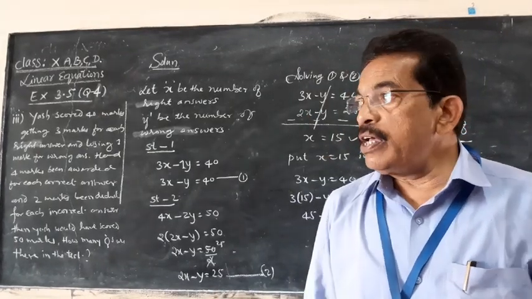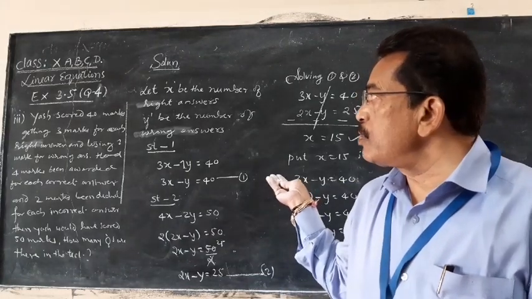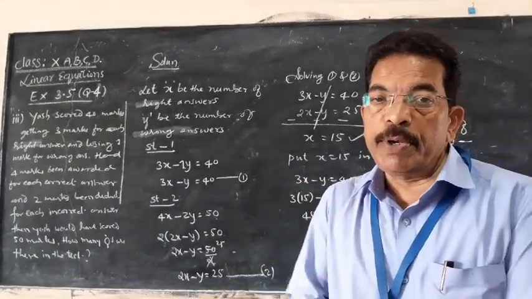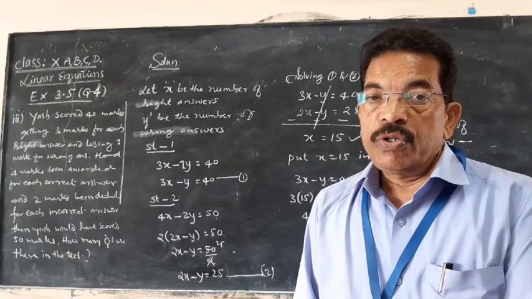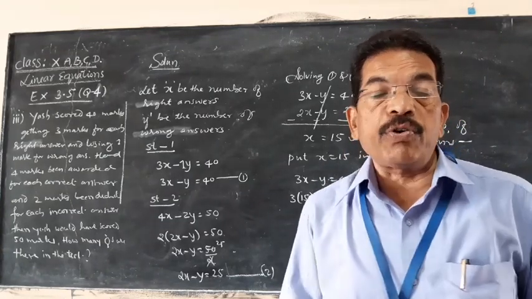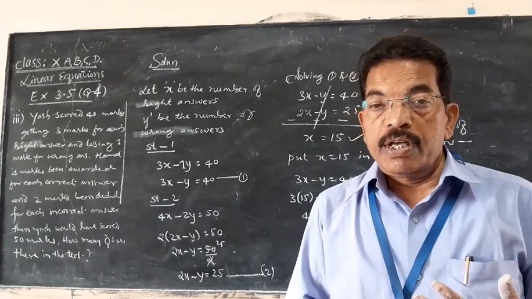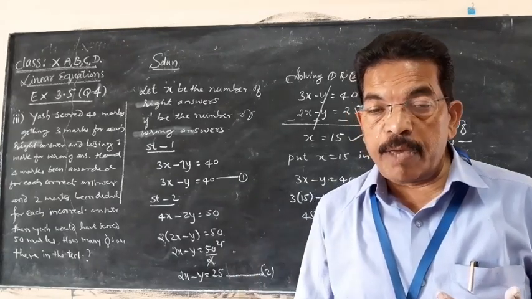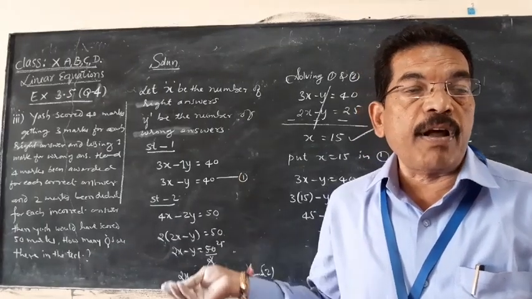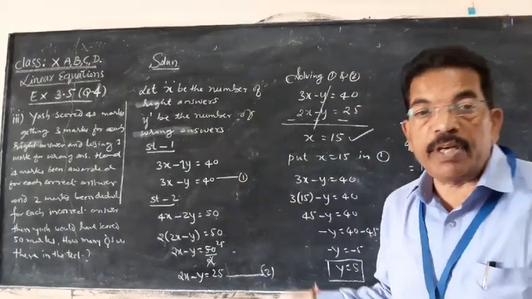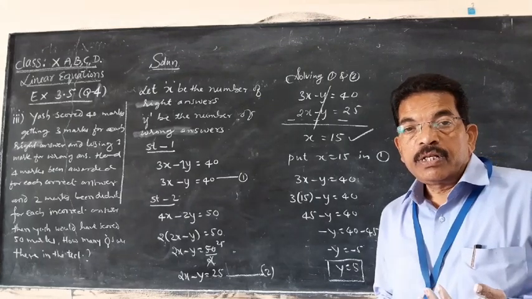Already tomorrow or day after tomorrow this chapter will finish. I have completed 2 main chapters carrying more than 24 marks. In arithmetic, AP is a very important chapter. In algebra, the pair of linear equations is one of the important chapters.